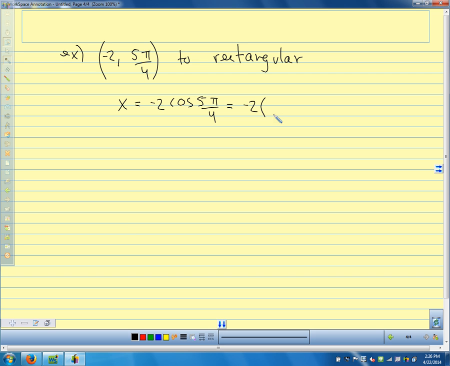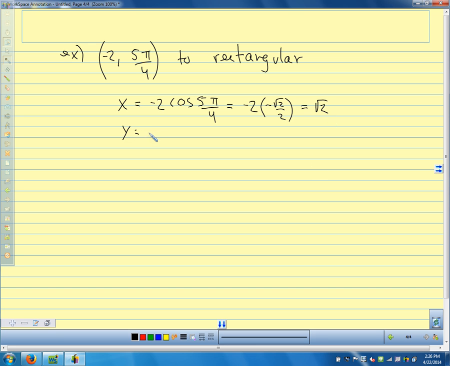Do you remember that one? What is it? Negative square root of 2 over 2. This is a third quadrant angle. So we get square root of 2.